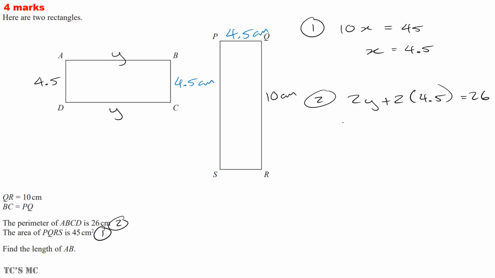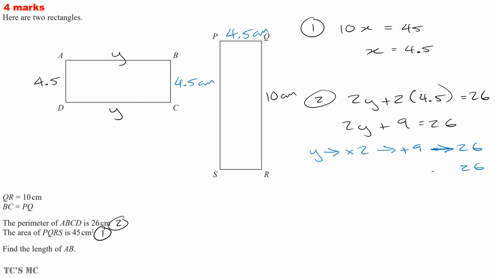Because I'm now going to try and solve this, 2y add 9 equals 26. Remember, I used the sort of flowchart method. My attempt at solving is going to get me my third mark. So multiply by 2, add 9, and that is 26.